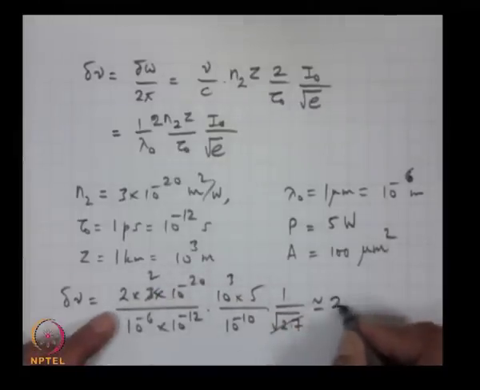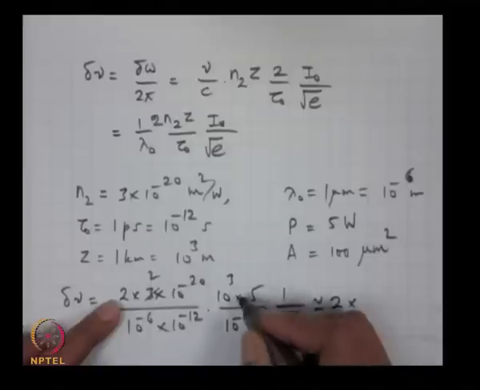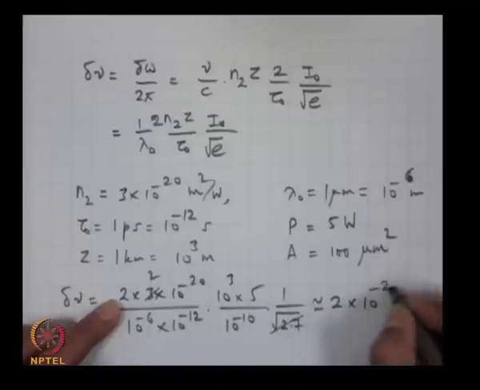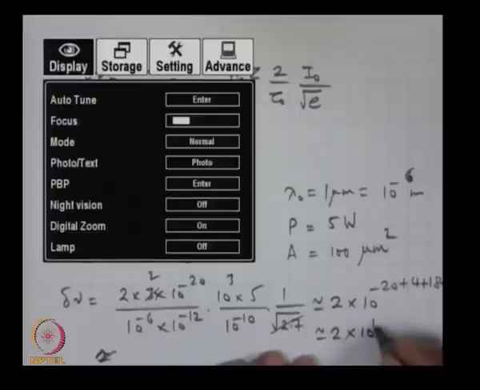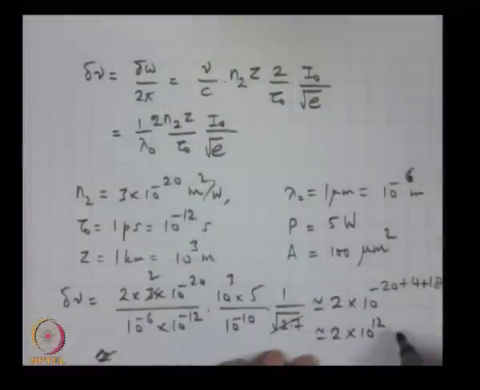So you'll have 2 into 10 to the power minus 20 plus 4 minus 6 plus 18 plus 10, something like that. Yeah, 2 10 to the power 12 seconds inverse, Hertz actually. That's 2 terahertz.